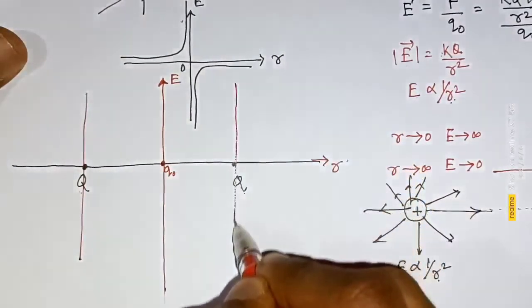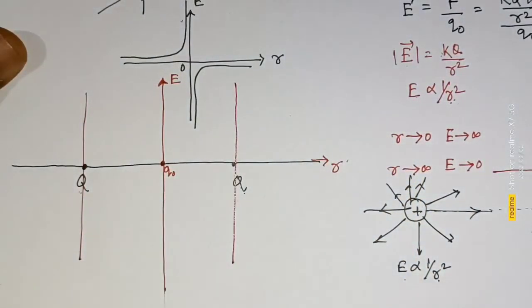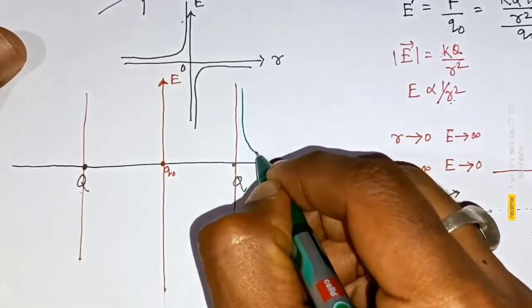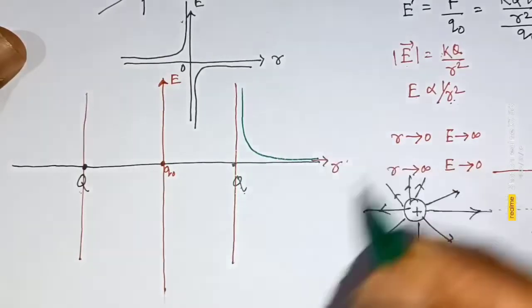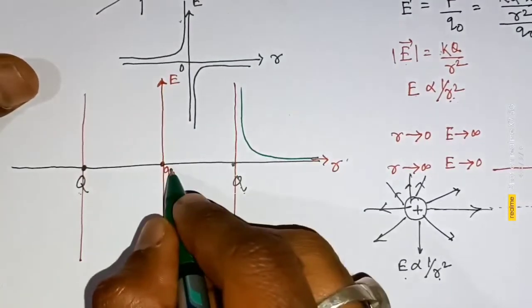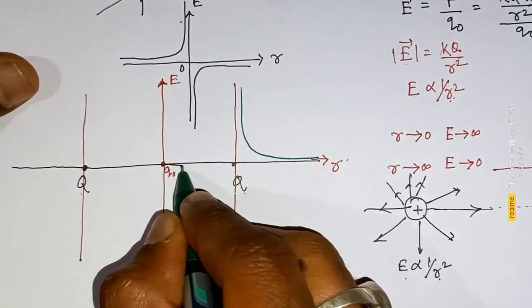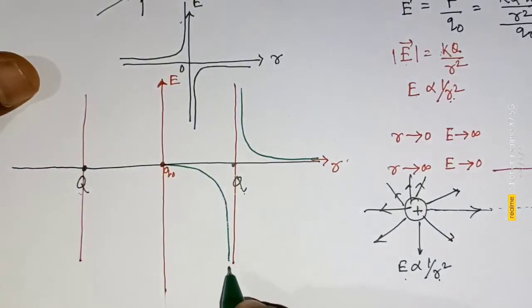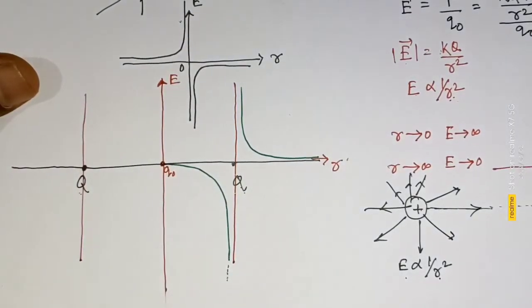I just want to plot this graph a little carefully. We know for a positive charge the graph will go like this, and at this point the field is 0. So definitely here it will touch and come here, and where will it go? It will go to infinity.